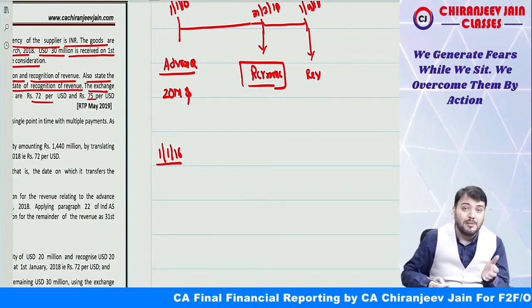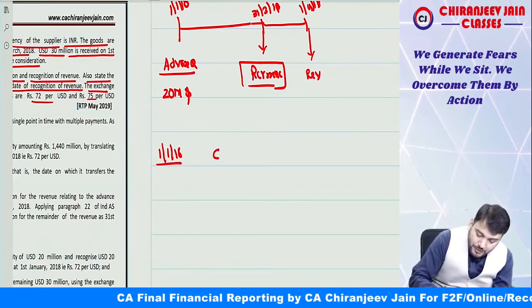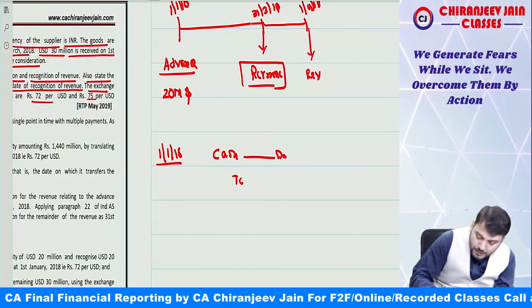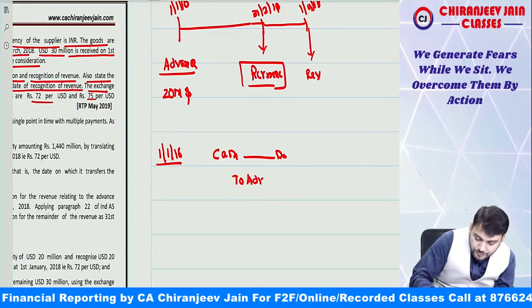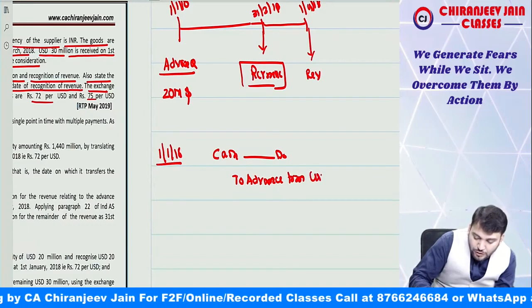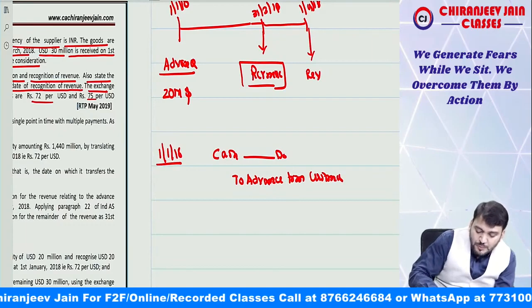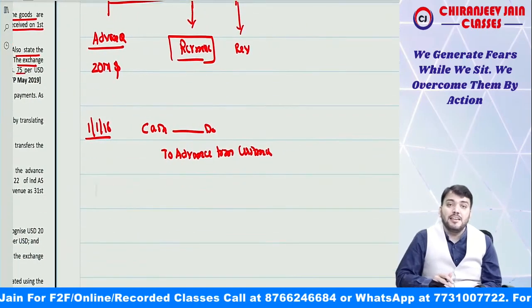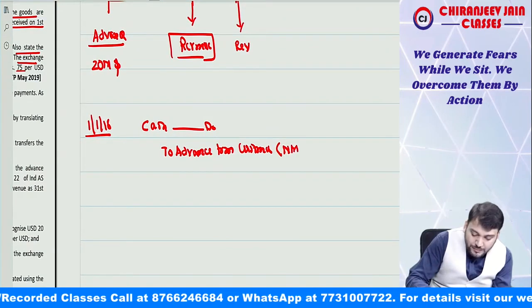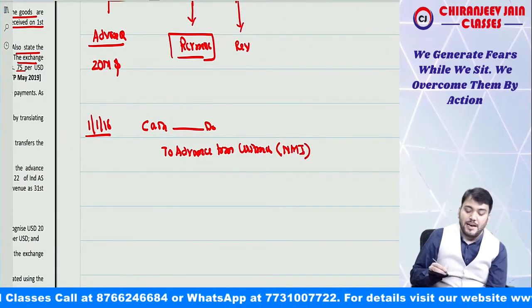So we receive advance, what journal entry? Cash account debit to advance from customer. My question to you all, advance from customer is monetary item or non-monetary item? It is a non-monetary item.